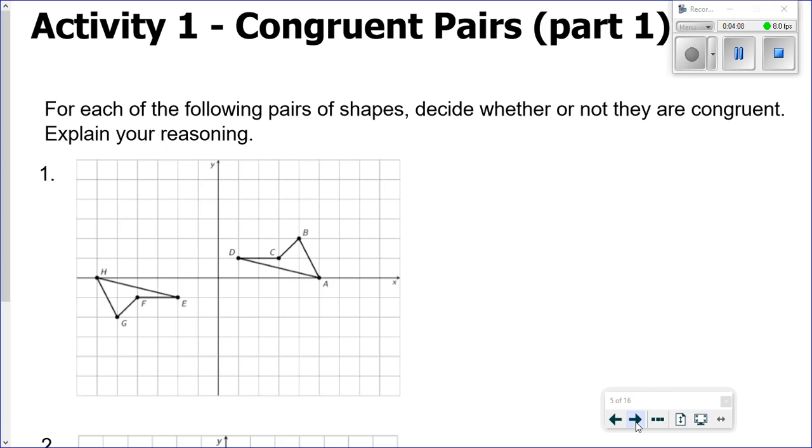For problem number 1, hopefully you realized that these two figures are congruent.